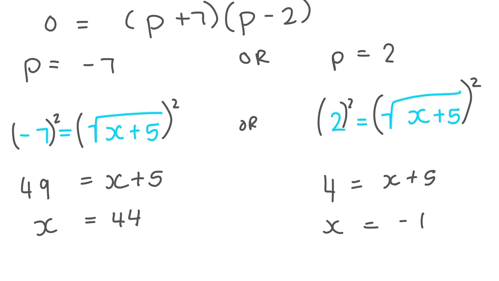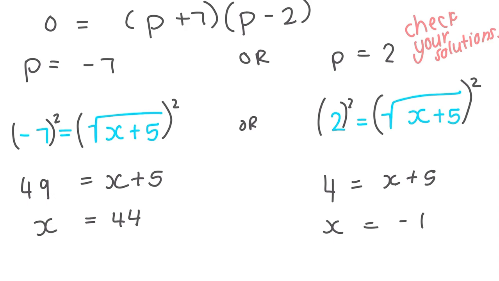Now, you may think that you are done, but I have news for you. Whenever you have a square root in an answer, you always need to check your answer. You need to check your solutions because there's a likelihood that one of them will not work. So whenever there's a square root in the equation, you always need to check your answer.